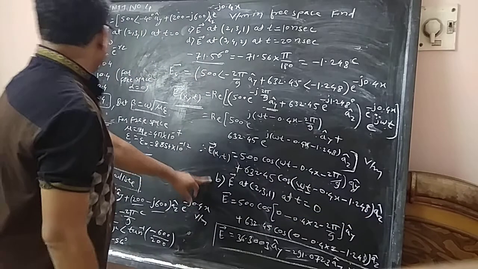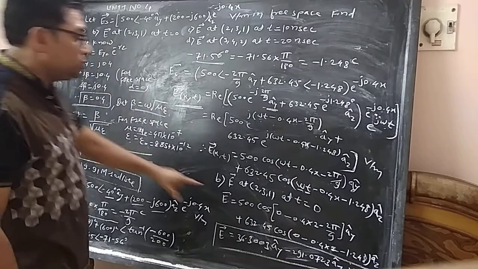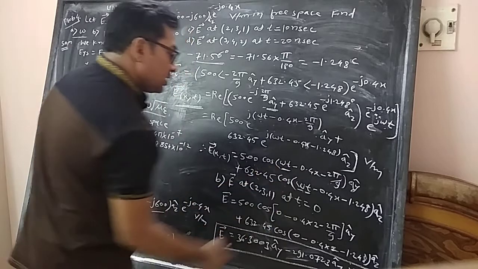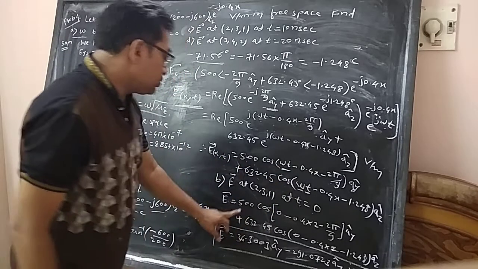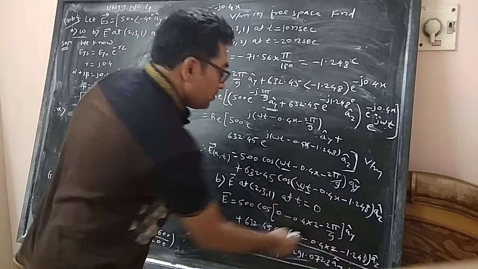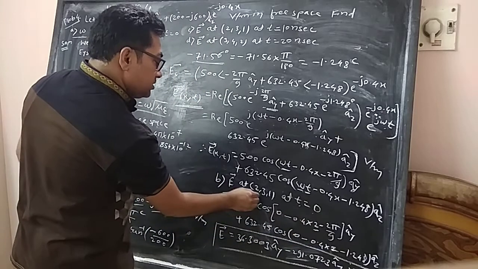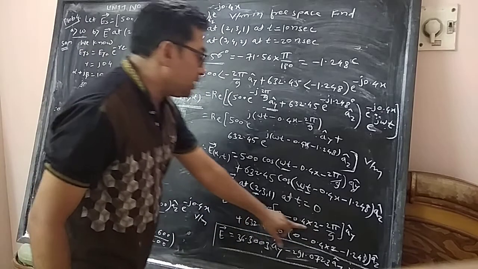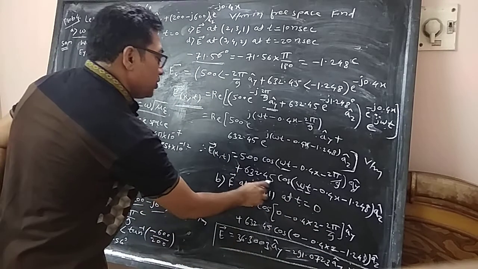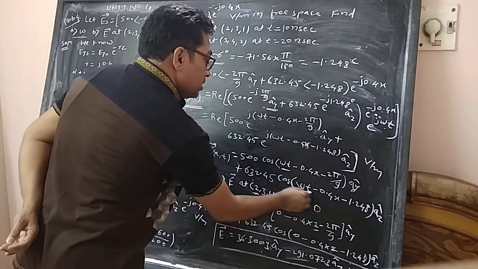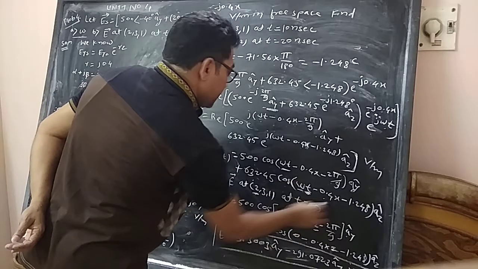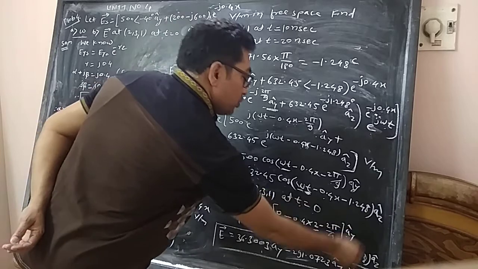Now we have to calculate option B, that is the vector at 2, 3, 1 at t equal to 0. Here time t is 0, so omega t is omega into 0, that is 0. So I put 500 cos of 0 minus 0.4, with x coordinate 2, minus 2 pi by 9 into ay plus 632.45 cos of 0 minus 0.4 into 2 minus 1.248 into az.